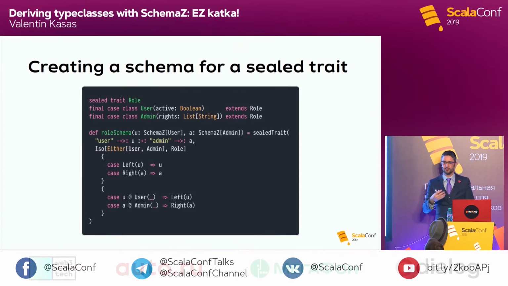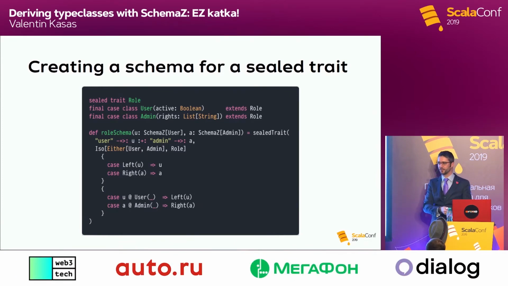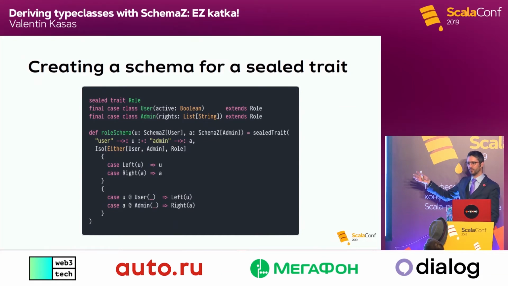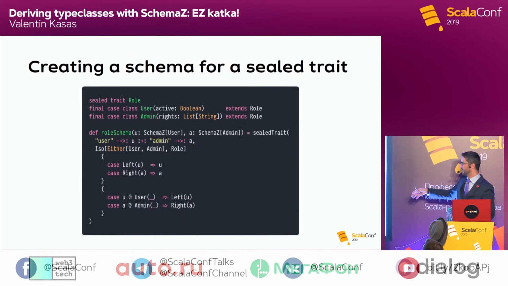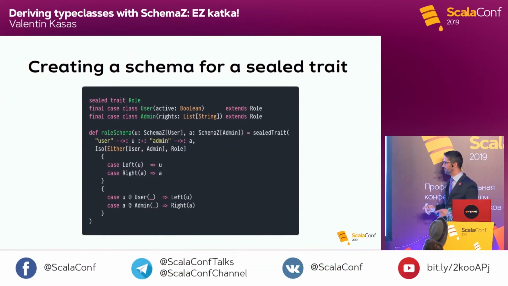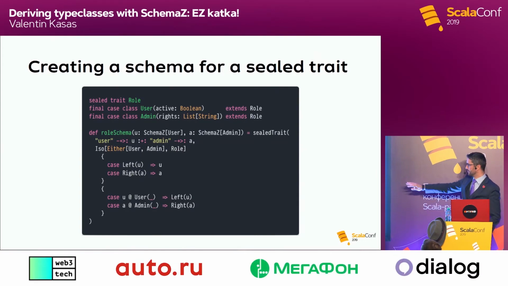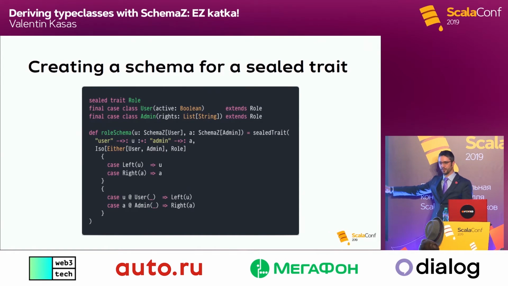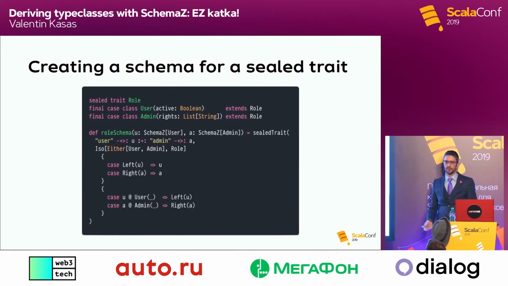So provided that someone gives me a schema for user and a schema for admin, I can build a schema for role by just combining them into a sum, giving them names, and providing the isomorphism that goes from this either user admin to role. And again, the isomorphism is really simple to write. The generic module will provide you with all that boilerplate, but you can still write it by hand.